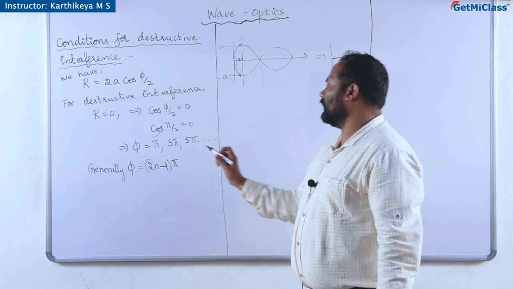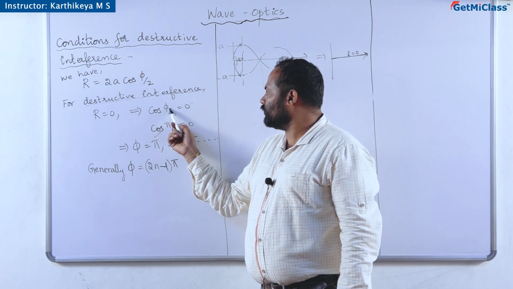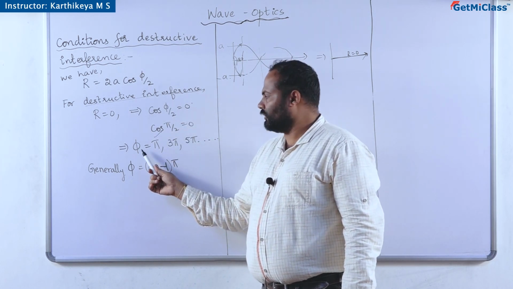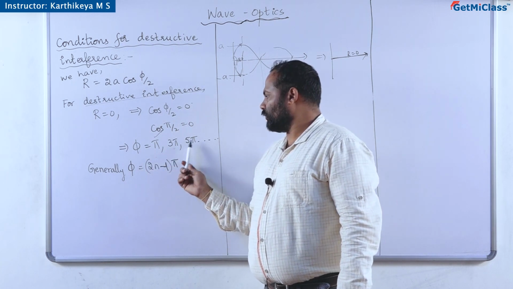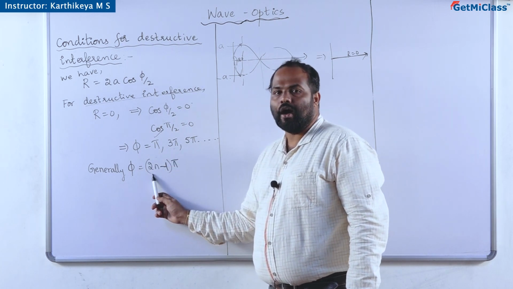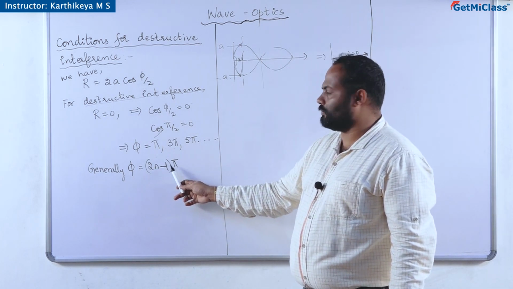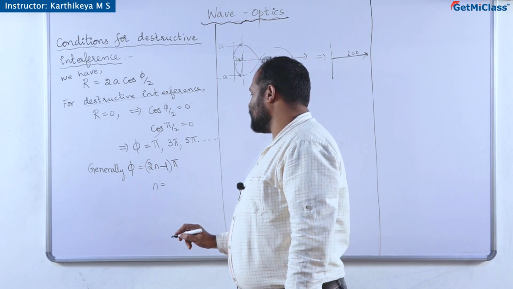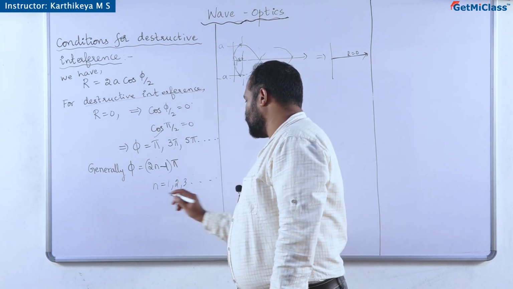This is possible when cos phi by 2 gives the value 0, that is, when the phase difference between the two waves is pi, 3 pi, 5 pi, or generally an odd multiple of pi, which is 2n minus 1, where n is an integer, n equal to 1, 2, 3 and so on.